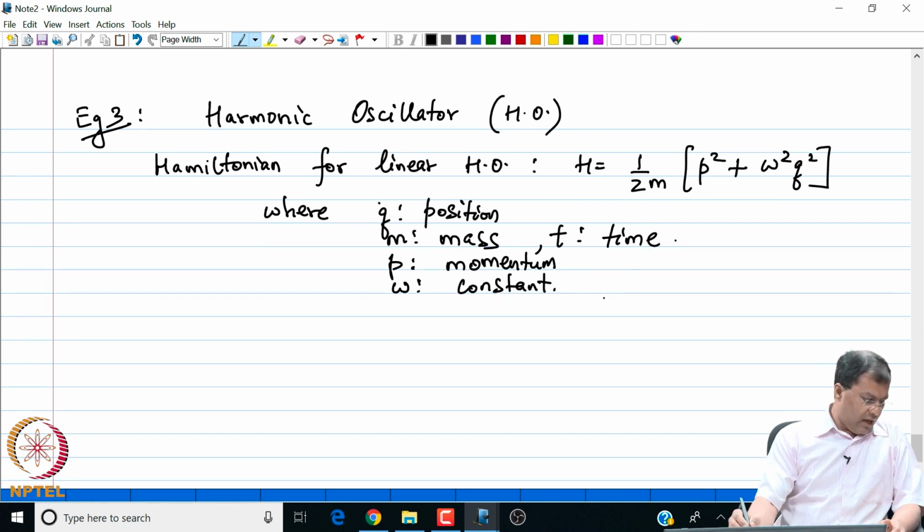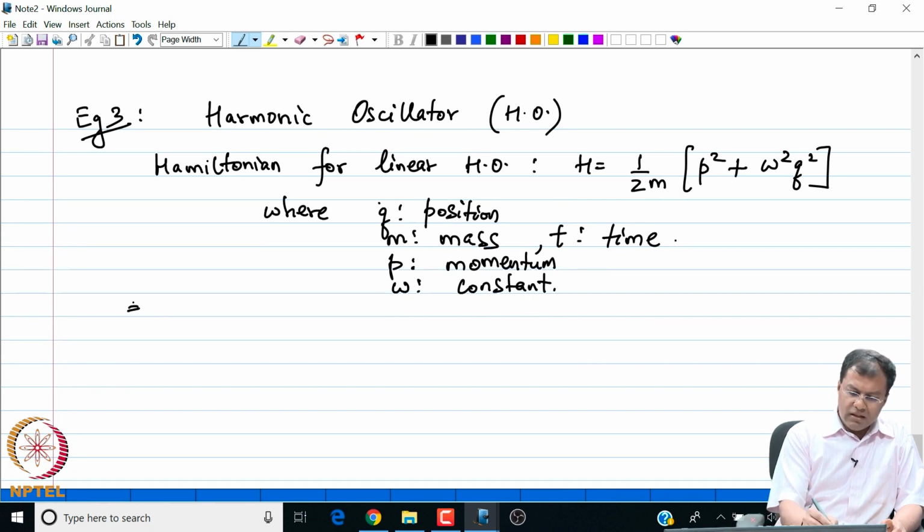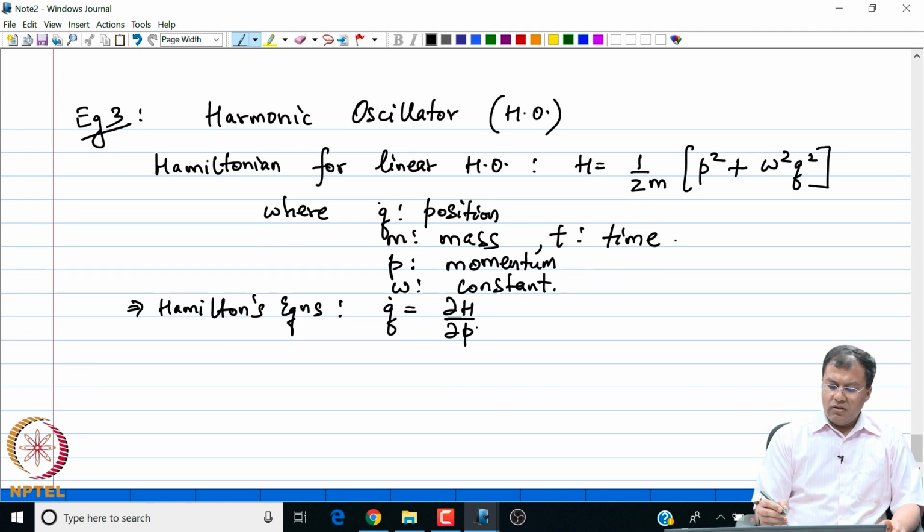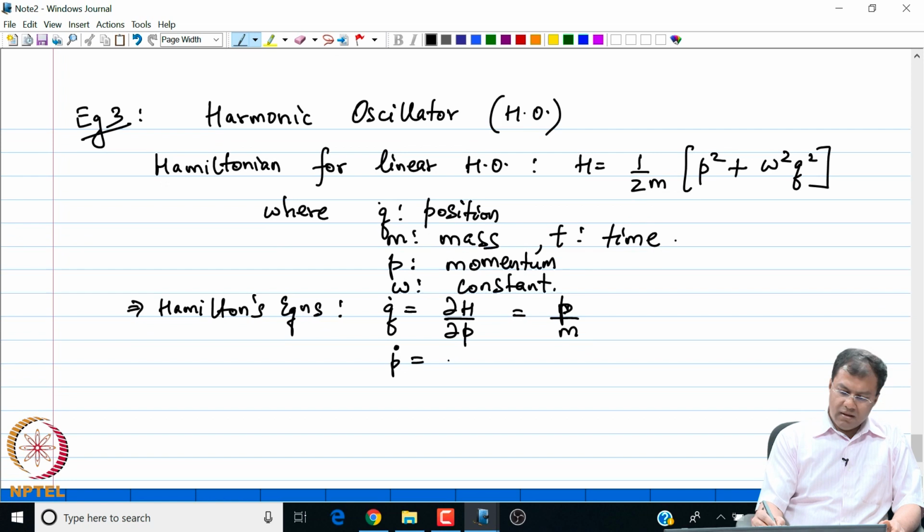So the moment we have a Hamiltonian, my Hamilton's equations are as follows. q dot is equal to partial H partial p, which I can find is also equal to p by m, and my p dot is minus partial H partial q, which is also equal to minus omega square q by m.